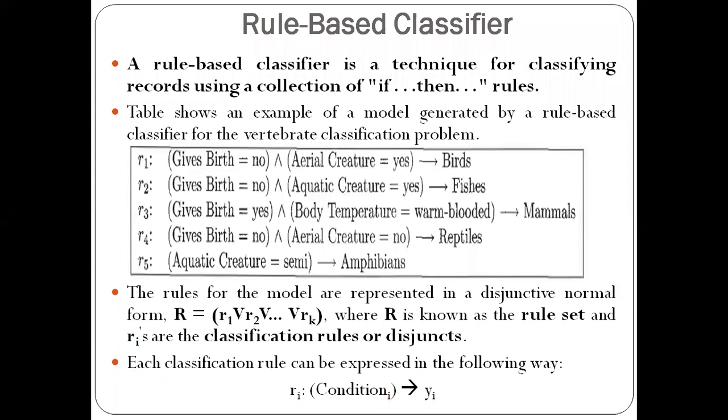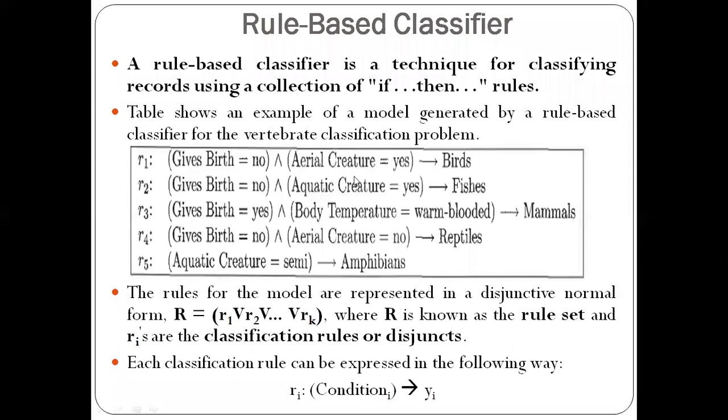But in a rule-based classifier, we have a set of rules, and using these rules we classify the given records. Here we will not construct any decision tree. Instead, we have a set of if-then rules, and using those rules we classify the records.